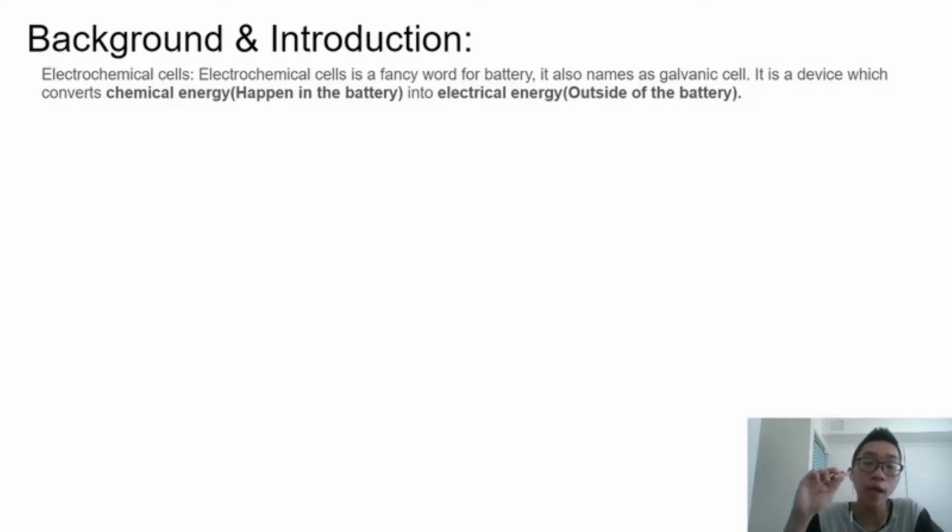Now, this one is a triple A battery, so how can this work and apply to our society? Well, when the battery is put in ambient environments, it's not going to react. But when you put it in a motor, or in some device, like a mouse, it will actually convert the chemical energy that happens in the battery.